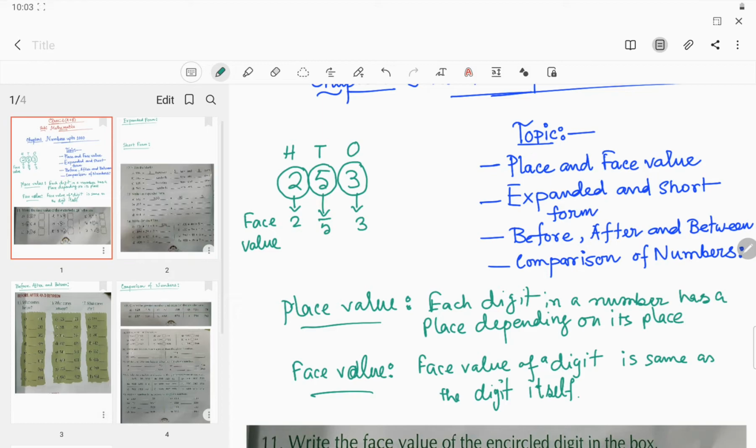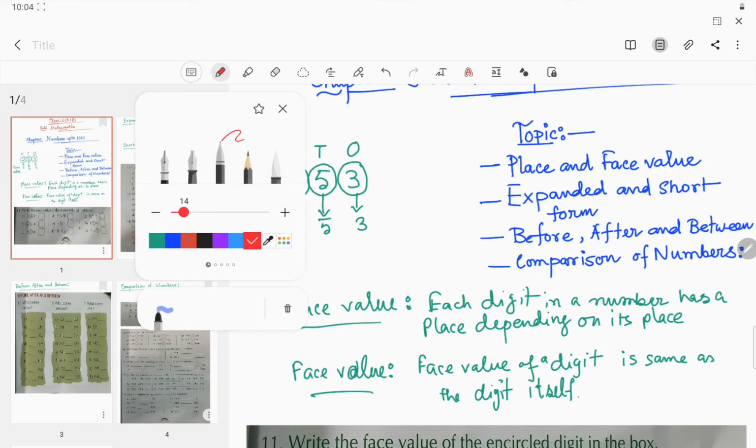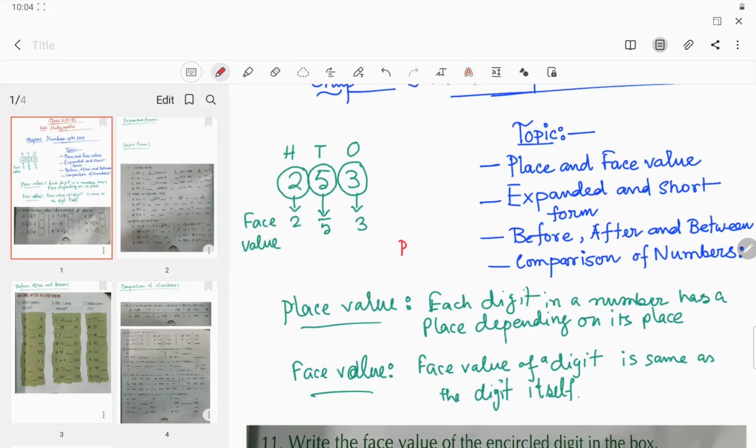If I ask you about place value, what is now the place value of 3? Since 3 is in the ones place, it would be 3.